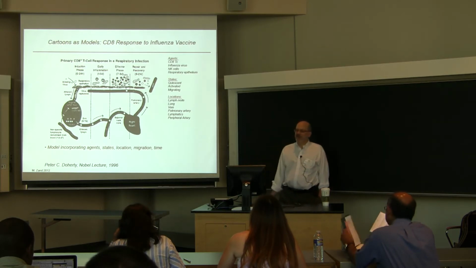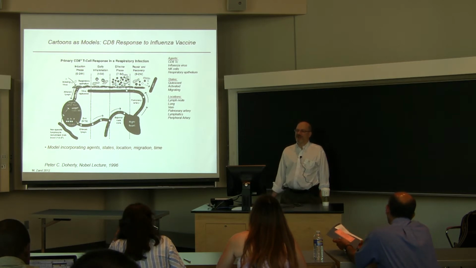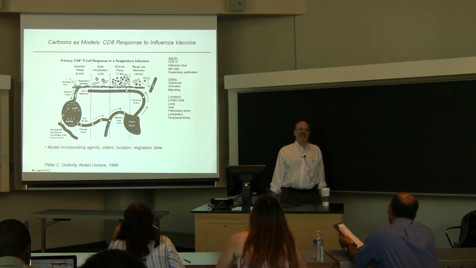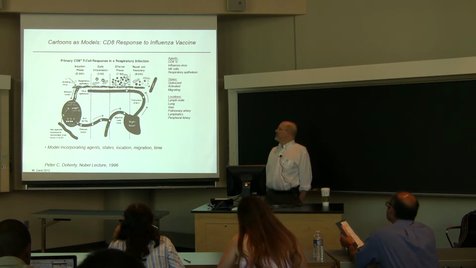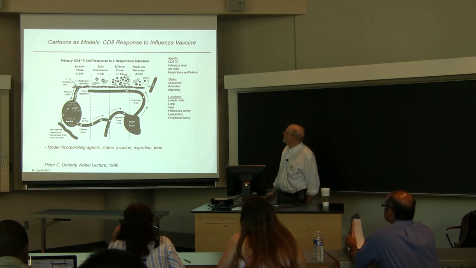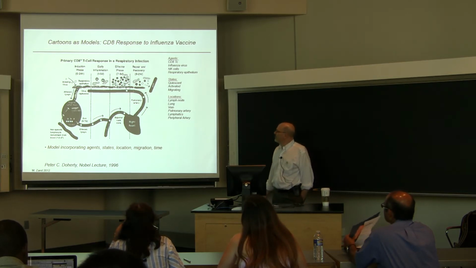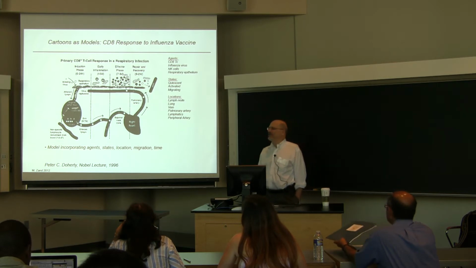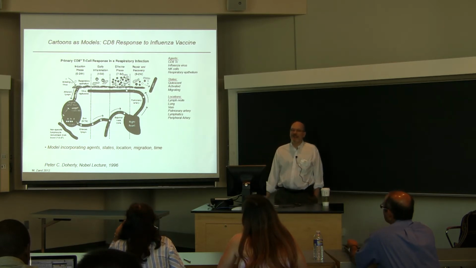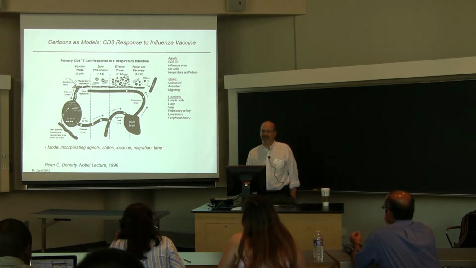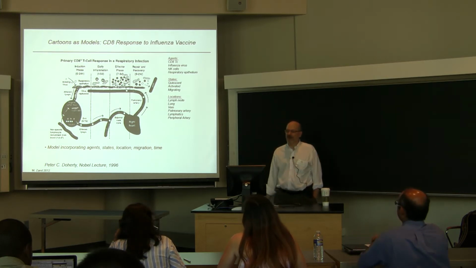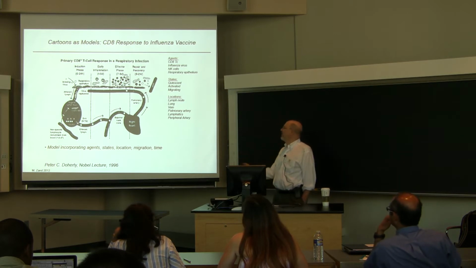So, one of the things that's important at the outset is to recognize that models have a language of their own. So this is a representation. I'm sorry, the figure doesn't reproduce quite so well, but this is from Peter Doherty's Nobel lecture. As you may recall, he received the Nobel Prize for his studies on the CD8 response to viral infections, in this case influenza.